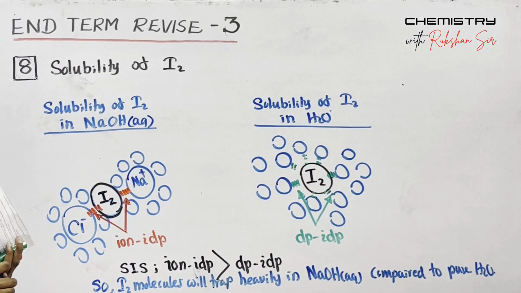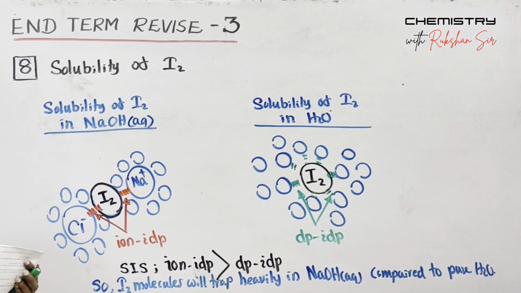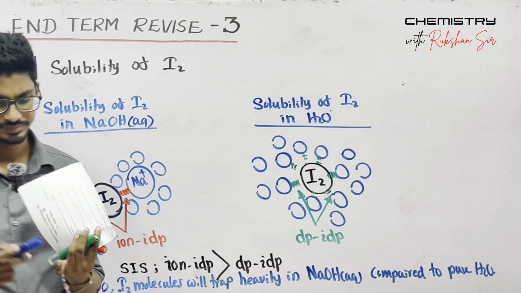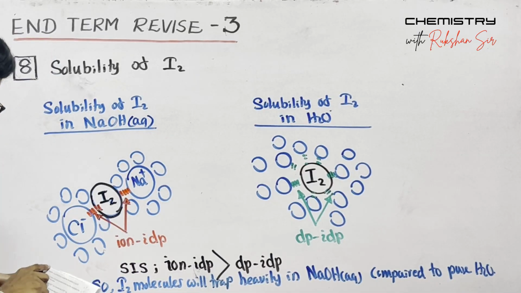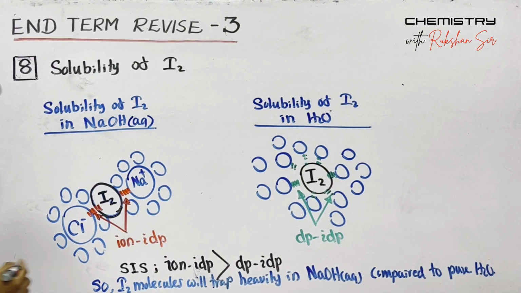Right? So the solubility of I2 in NaOH is greater than the solubility of I2 in water.